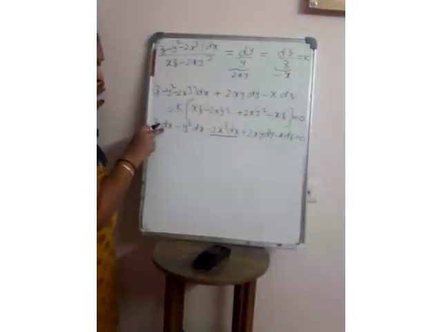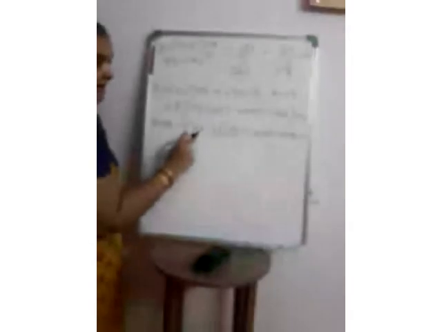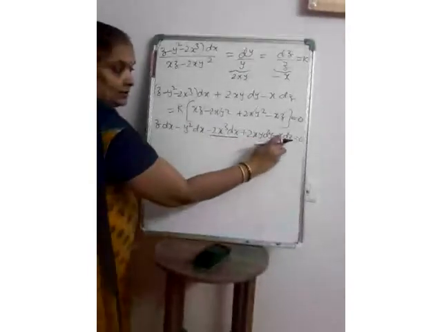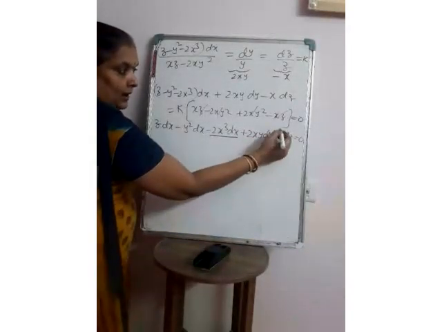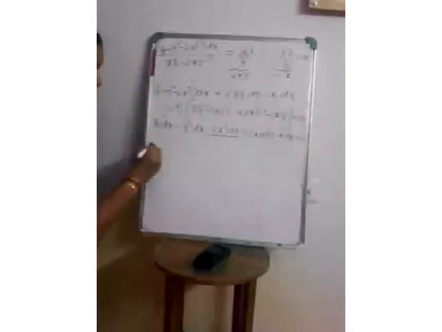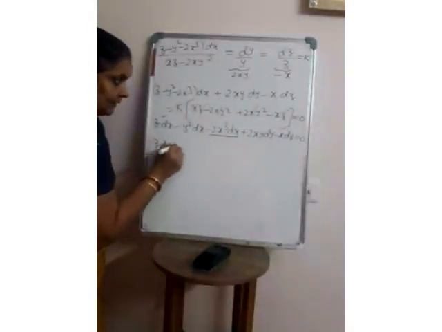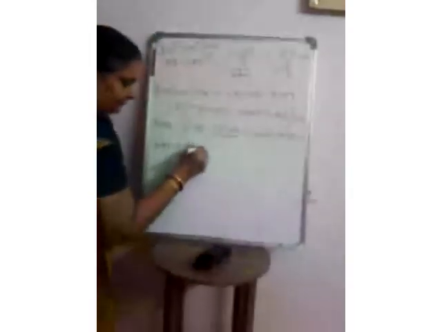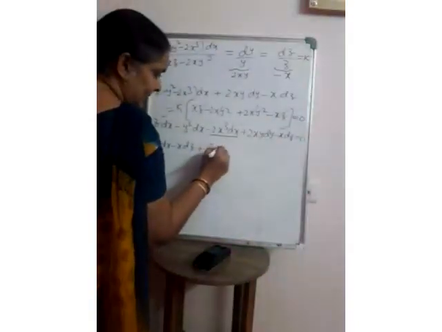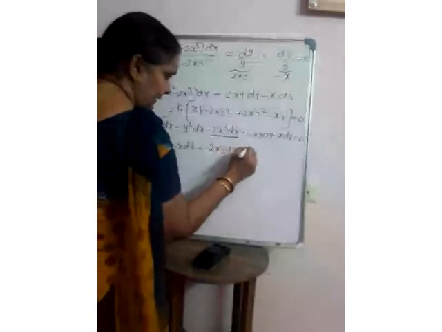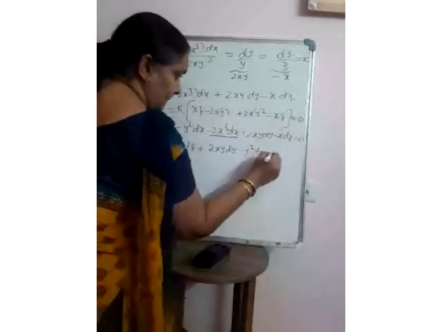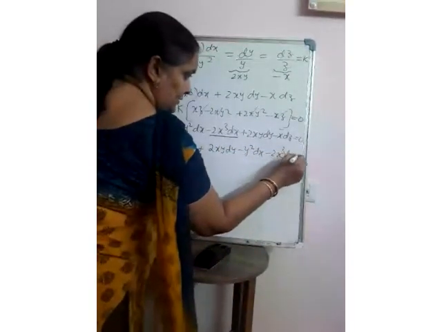This is a combination of xz, this is a combination of yx, this is a combination of yx, this is also a combination of xz. So I bring this combination of xz together: z dx minus x dz. I'll bring these two combinations together: 2xy dy minus y square dx minus 2x cube dx is equal to 0.